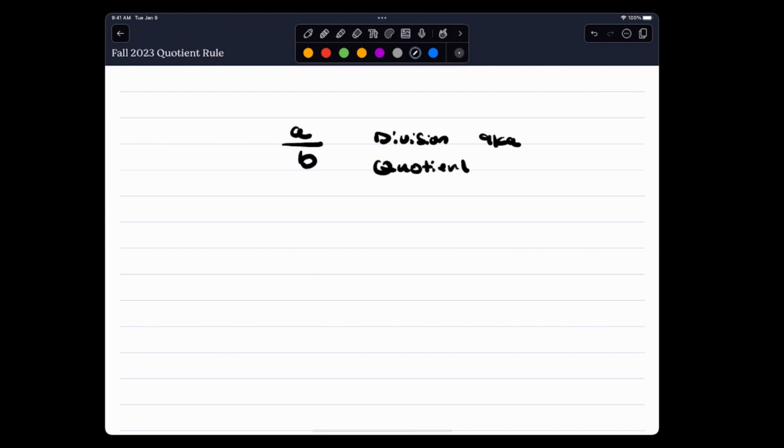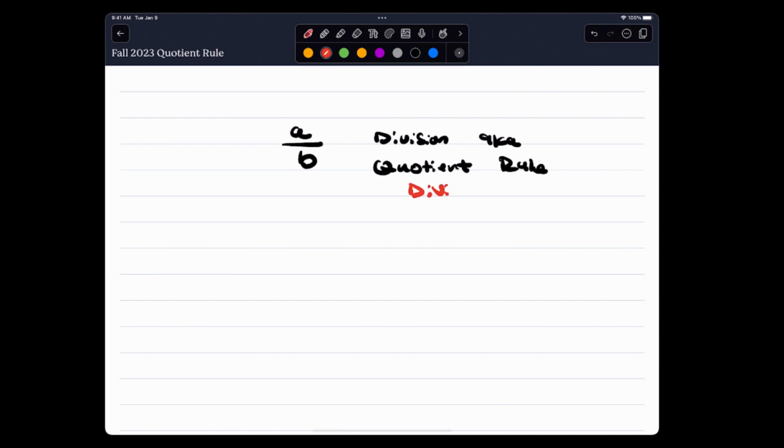So, just to talk about this generally, A over B, this is division, by the way. Division is AKA the quotient rule. What does quotient mean?